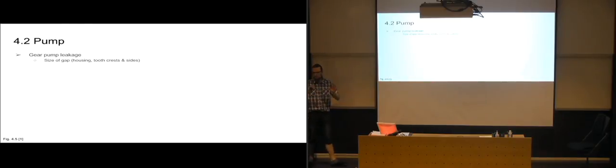You can't have everything in constant contact, because then you would have a lot of friction, because you would drag steel against steel all the time, and that is not good. You will have very, very fine tolerances, so that there won't be much room, but there will always be some room. And in the gear overlap, as I mentioned just now, some of the fluid will flow through.